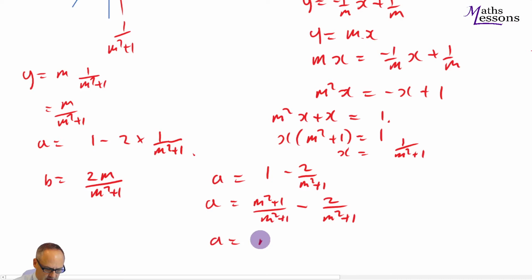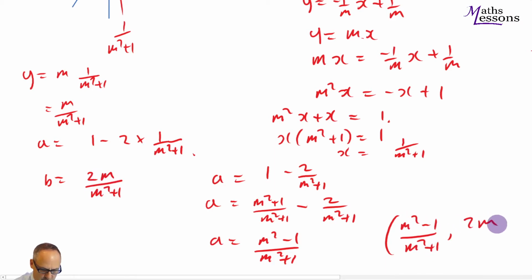So a is equal to m squared minus 1 over m squared plus 1, because I've taken the 2 away. So my coordinates are going to be, that's my x coordinate, m squared minus 1 over m squared plus 1, and my other coordinate is 2m over m squared plus 1.